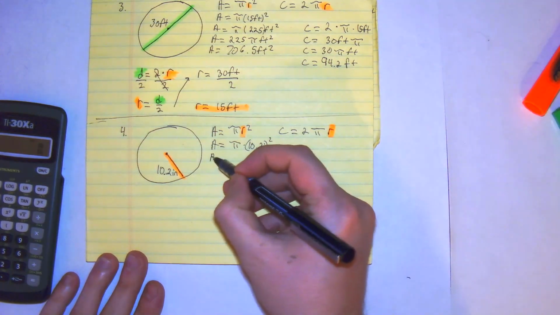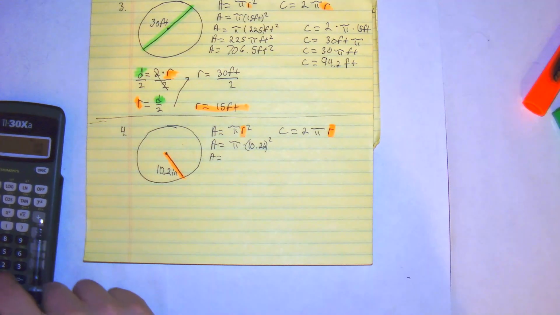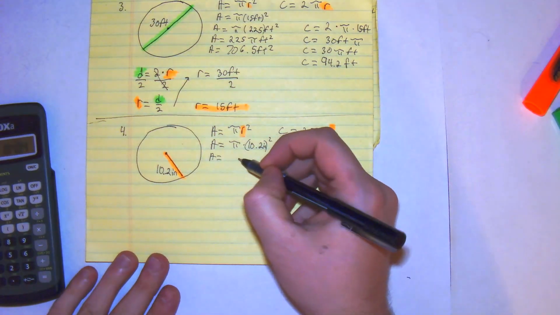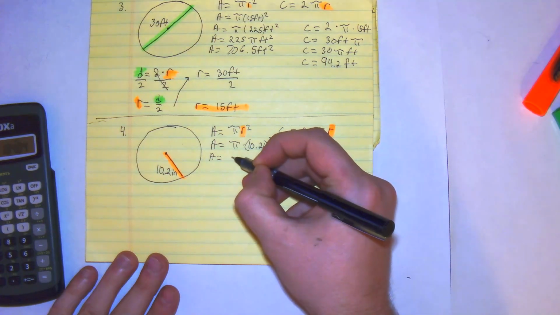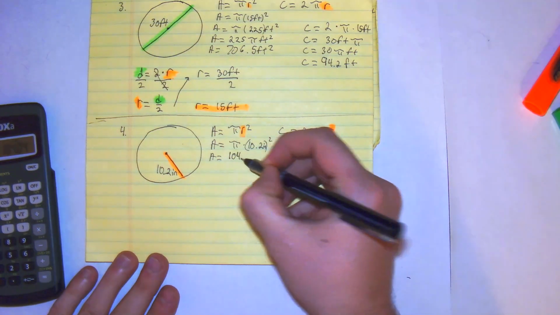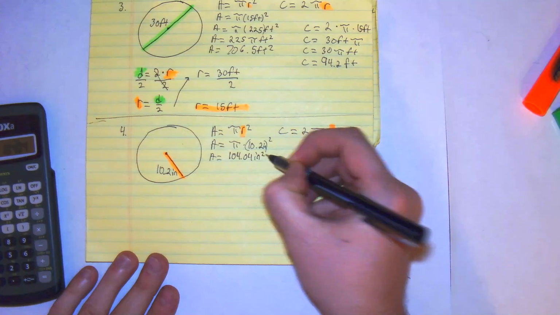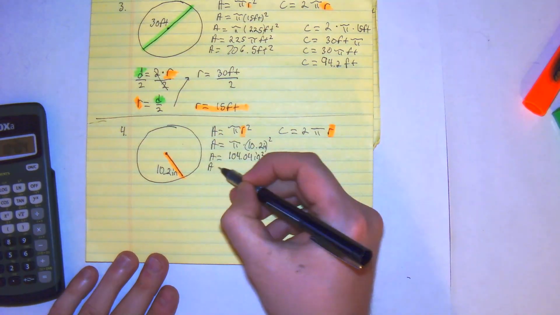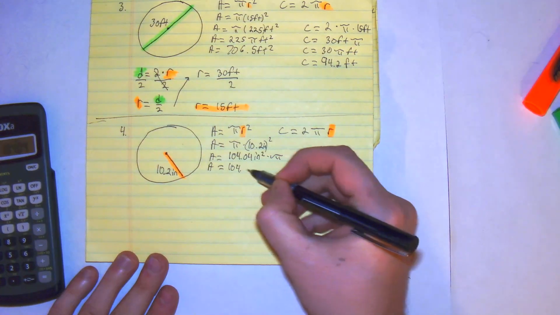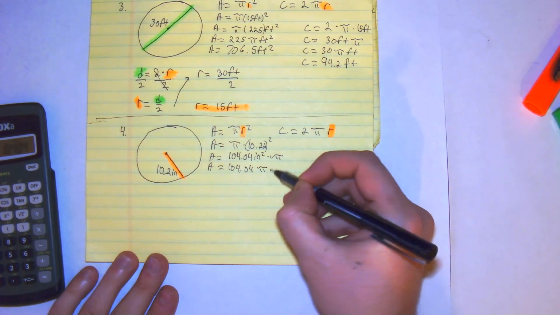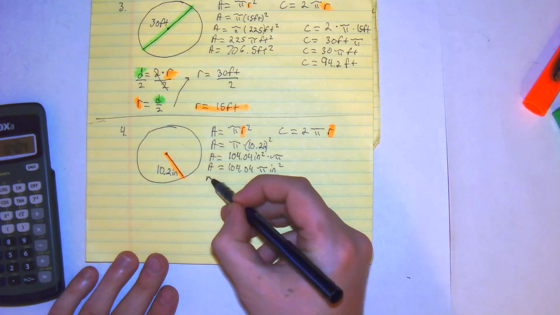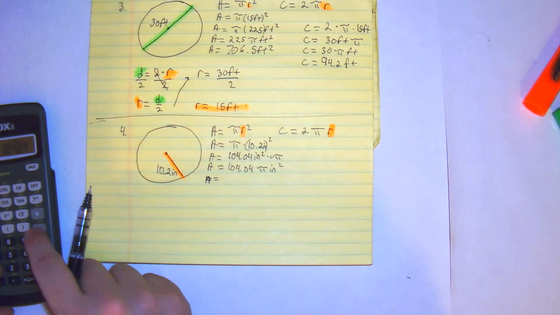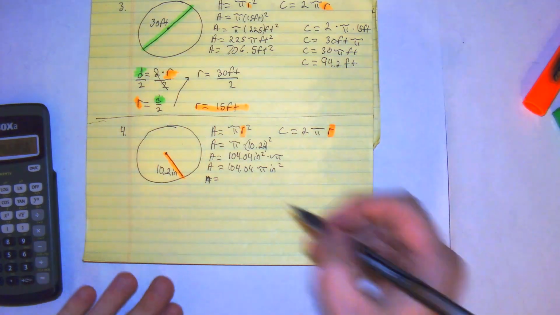10.2 squared would get us 104.04 inches squared. Pi, and then for an exact answer you would have it as 104.04 pi inches squared, or for an estimate answer you would just do 104.04 times 3.14.